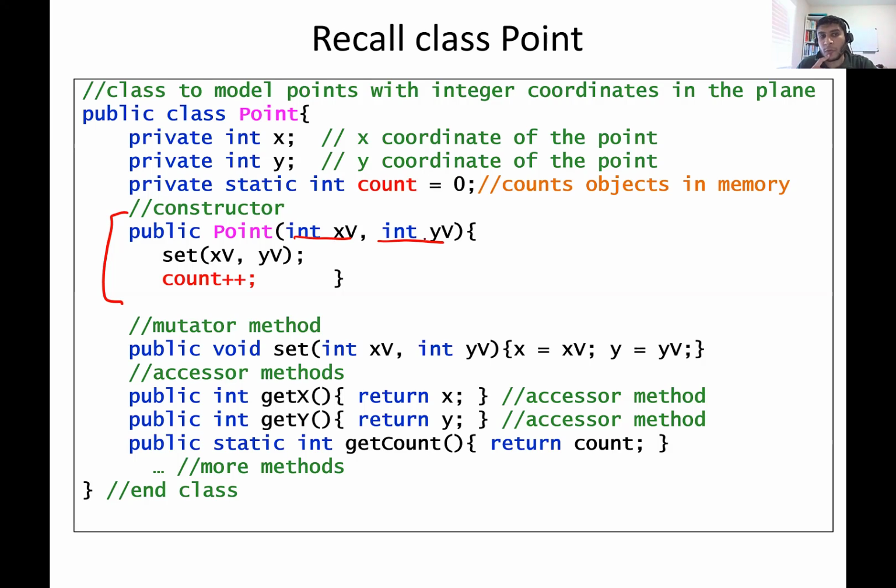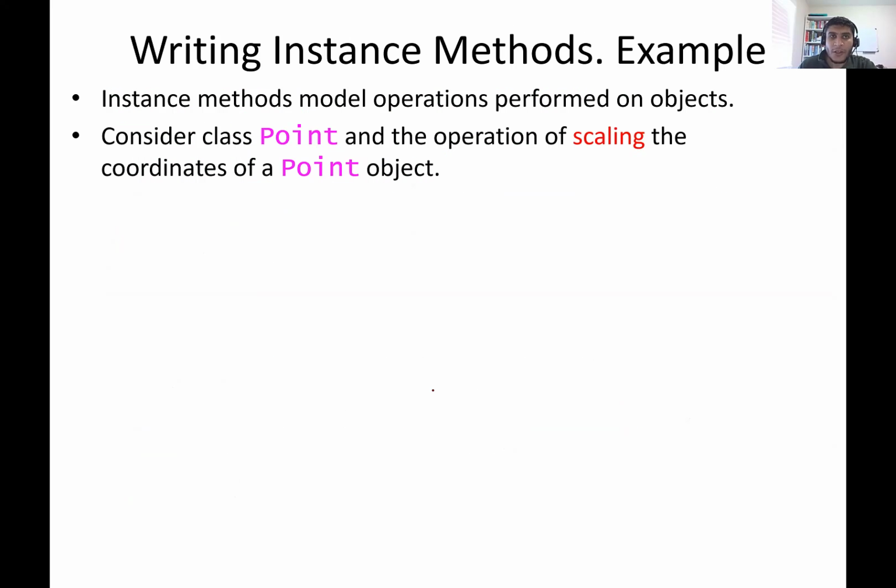We said we also want to increase our count when the constructor is called, because we want this to be independent of the object or the user behavior. Every time you create an object in the main, for example, we are going to increase the count by default. Good. And then the setter methods and the getters, right? And then again, the getter for the count. All of this we did last time. Good. So now let's build on top of this.